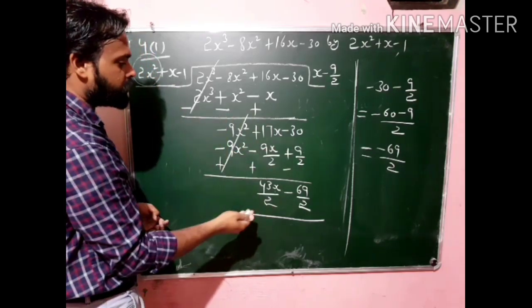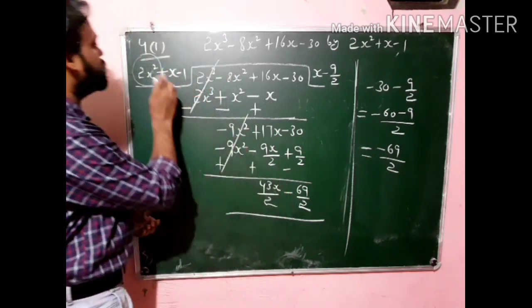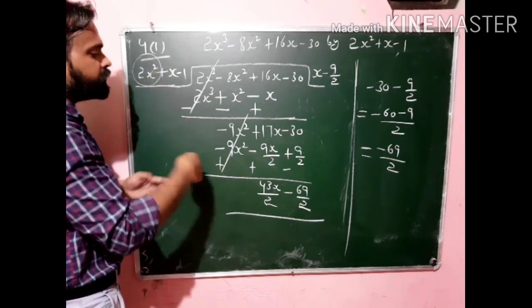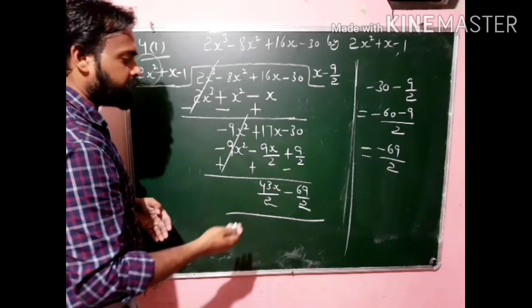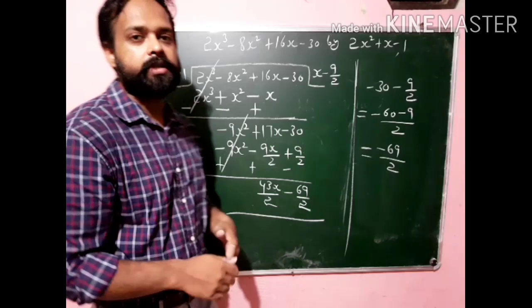But when we reach a point where the power of the dividend is 1, which is less than the power of the divisor, there we have to stop the sum. It means we reached the remainder. So in this case this is the remainder. I hope this is clear to you.